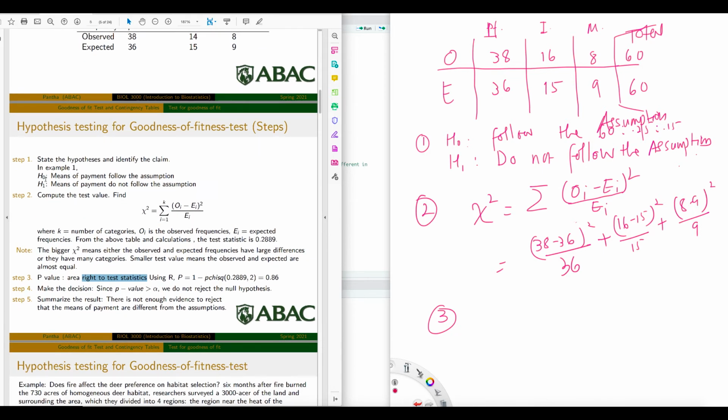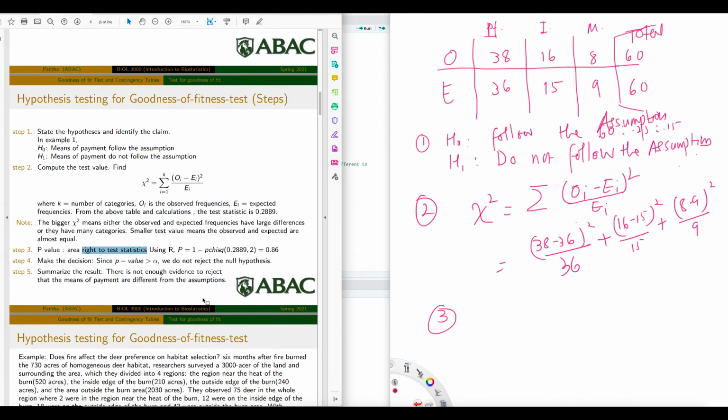Although it looks like a two-tail test, when you use the p-value, you find the area to the right of the test value. If you do that, you will get 0.2889 using a calculator or R. I'll show you how to do these steps directly in R.